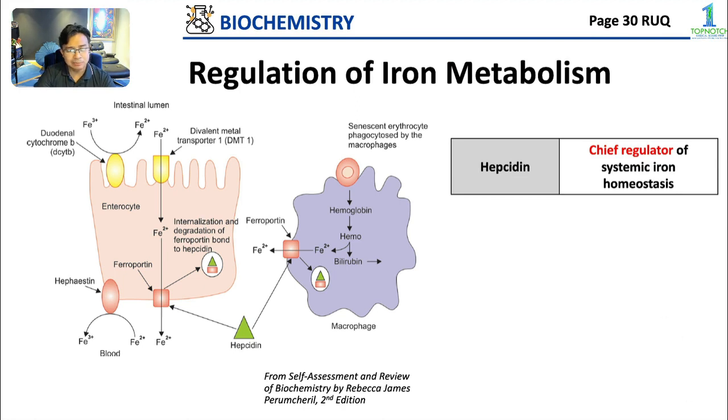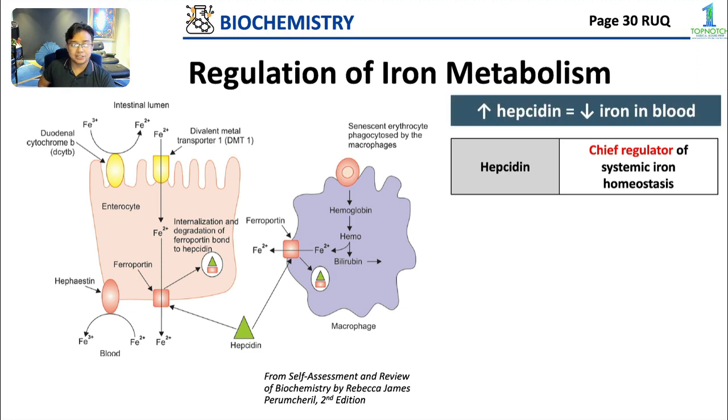Now, iron metabolism is mainly controlled by your hepcidin. It is the chief regulator of systemic iron homeostasis. So, ano ba ginagawa niya? Increases in hepcidin actually decrease iron in the blood. Bakit? Kasi one, it binds to ferroportin.